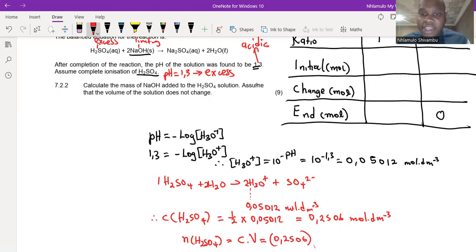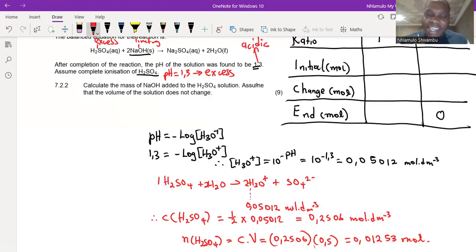So the volume will be substituted as 0,5. We multiply it by 0,5. This will give us 0,01253 moles. So this is the number of moles of sulfuric acid in excess.